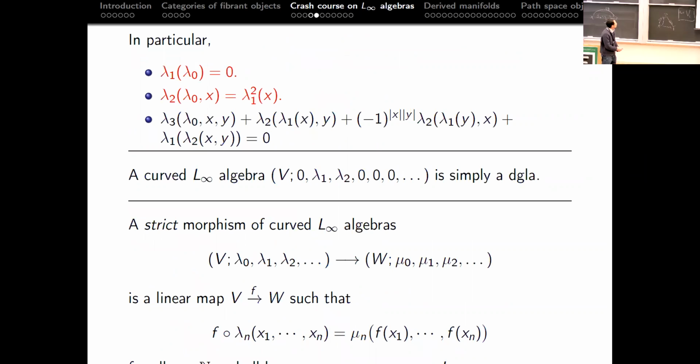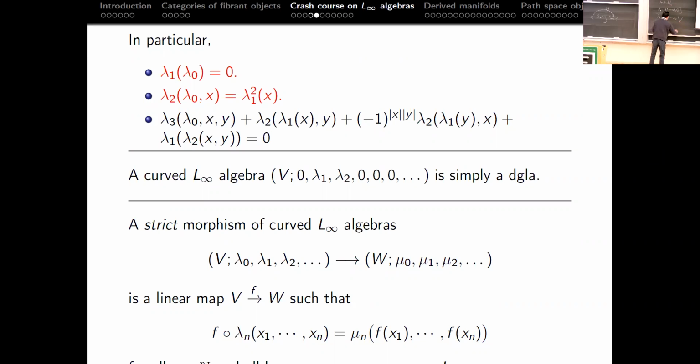So lambda 0 is from the ground field to V, lambda 1 is a degree 1 map V to V, and lambda 2 is from V wedge 2, skew-symmetric, to V, and so on.